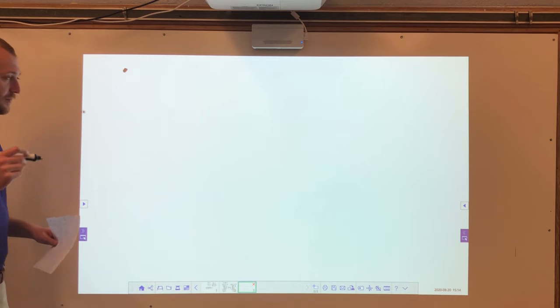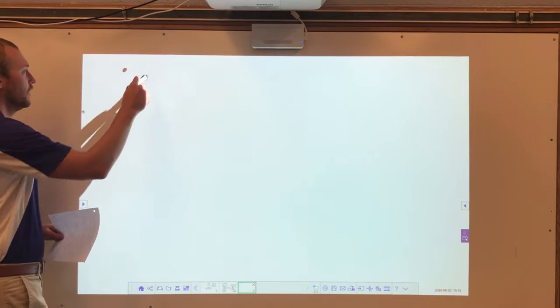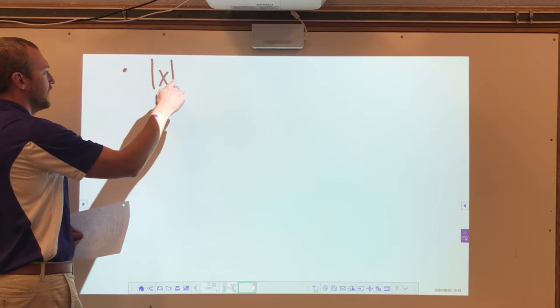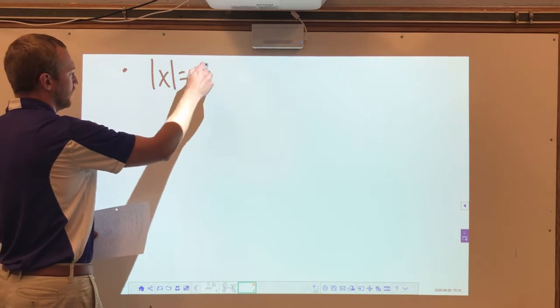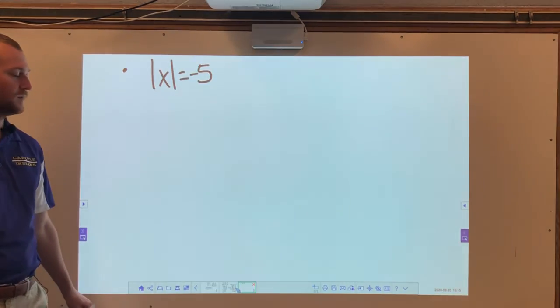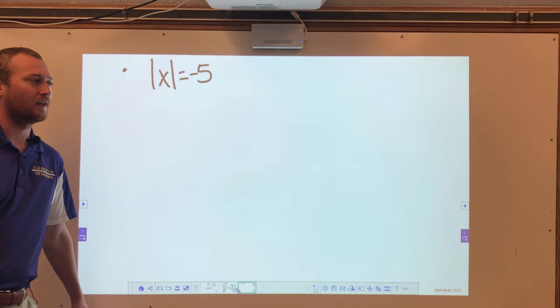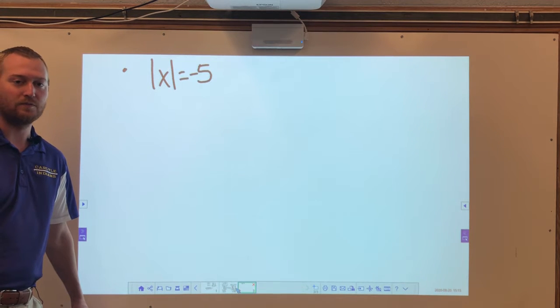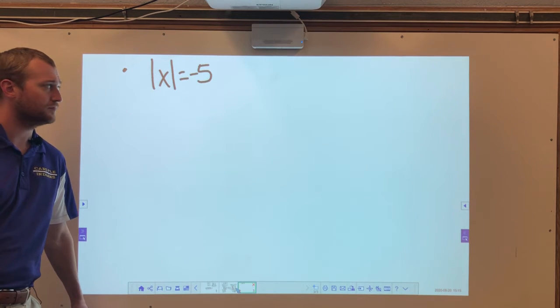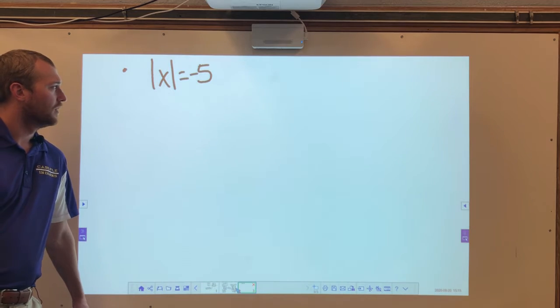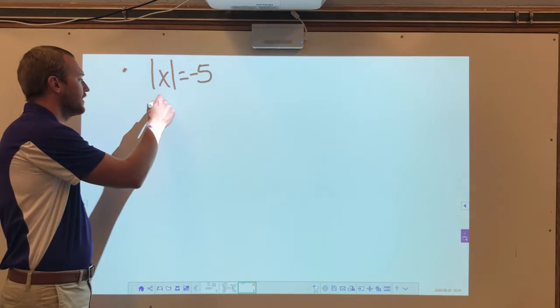Let's go to another example, a little bit different though. The absolute value of x equals negative 5. Now take a second and again think about what the absolute value of a number is. We're trying to find out what x equals.